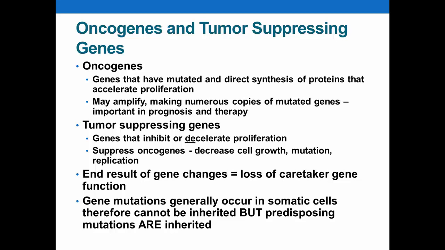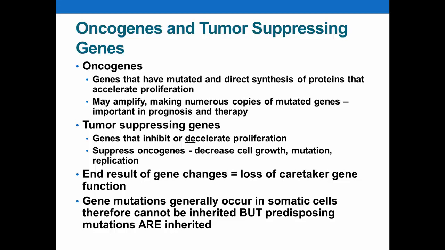Now, normally these oncogenes are balanced by tumor suppressing genes. Tumor suppressing genes are genes that inhibit or decelerate the proliferation of these abnormal cells. So when tumor suppressing genes are active, they actually suppress the oncogenes.